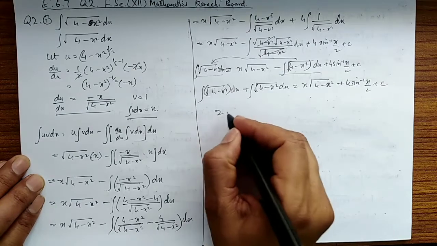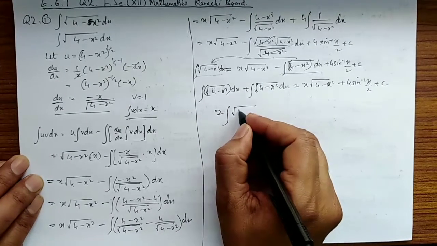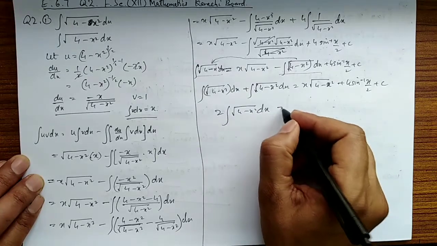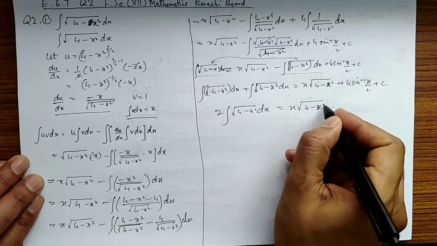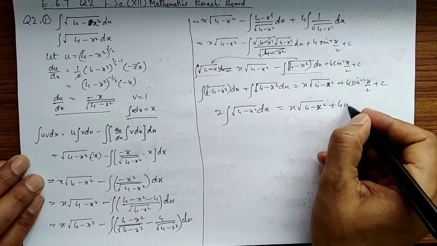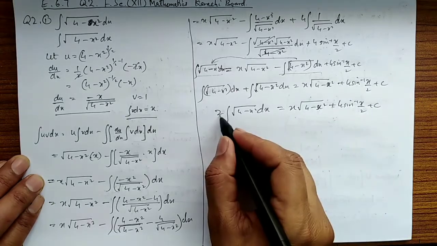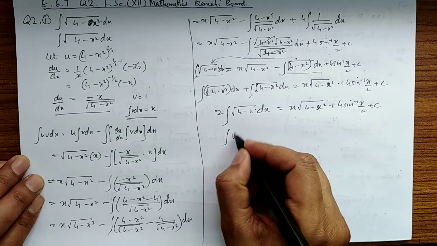So here we have now twice the integral of root of 4 minus x square dx, and that is x root of 4 minus x square plus 4 sine inverse x upon 2 plus c. Now shift this 2 into the denominator on the right hand side.